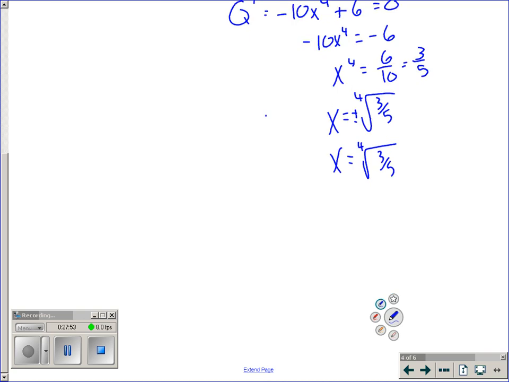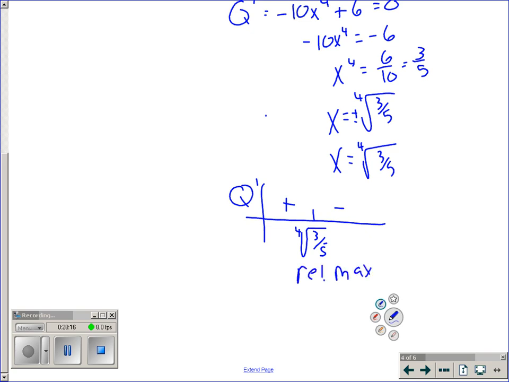Let's just make sure it is indeed a maximum, so I can test this on a number line here, right? The 4th root of 3/5. Okay, and you can test some points if you want, but I will say that when I do test points, it's going to be positive and negative. Okay, so it is indeed a relative max.